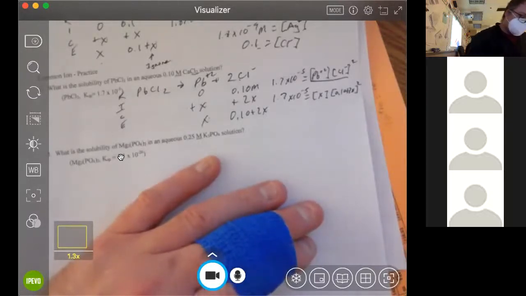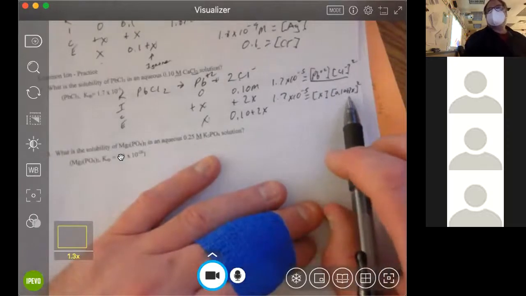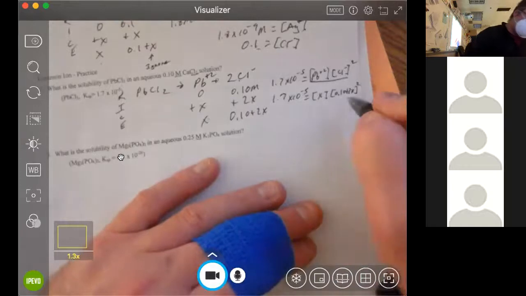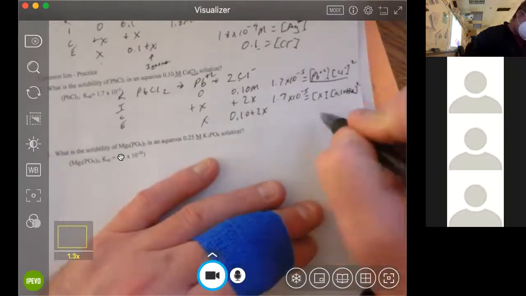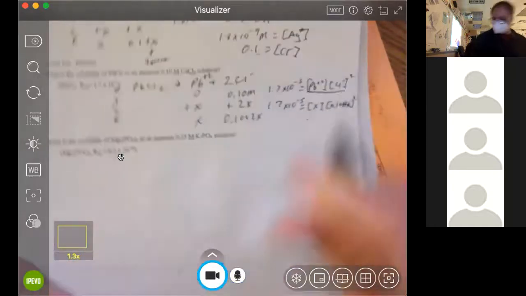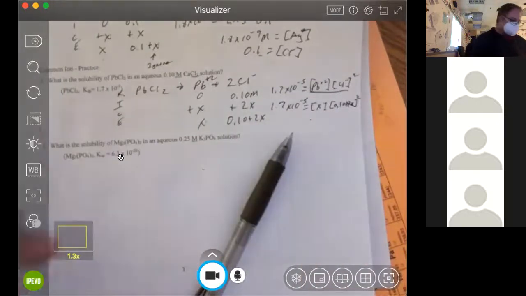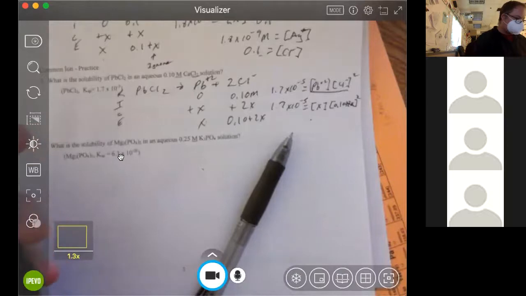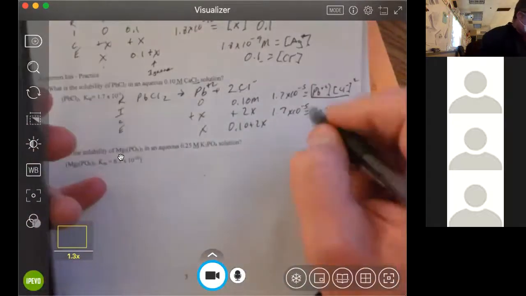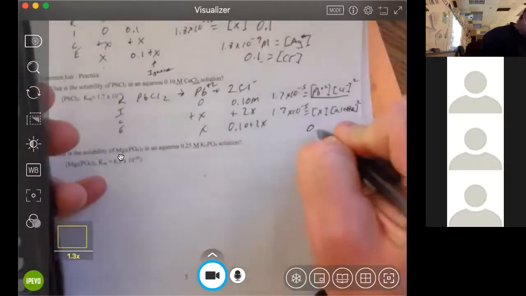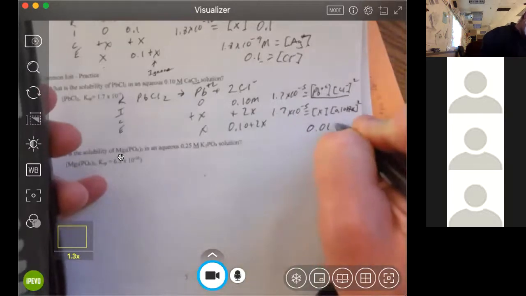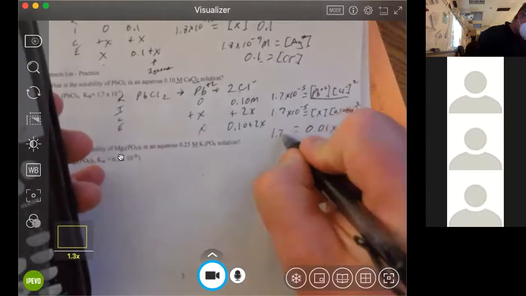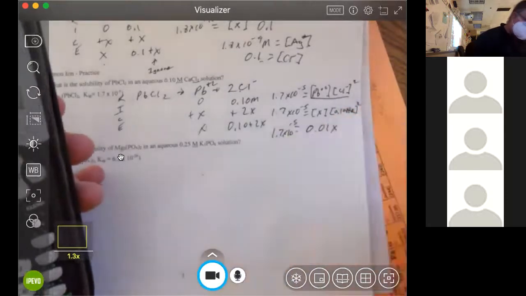Right? Now, we can ignore the addition thing. So we can ignore the plus 2x here. So that can become, what is 0.1 squared? It's 0.01. You guys are better at this than me, right? So we have 0.01 x here. And that is equal to 1.7 times 10 to the negative 5th.